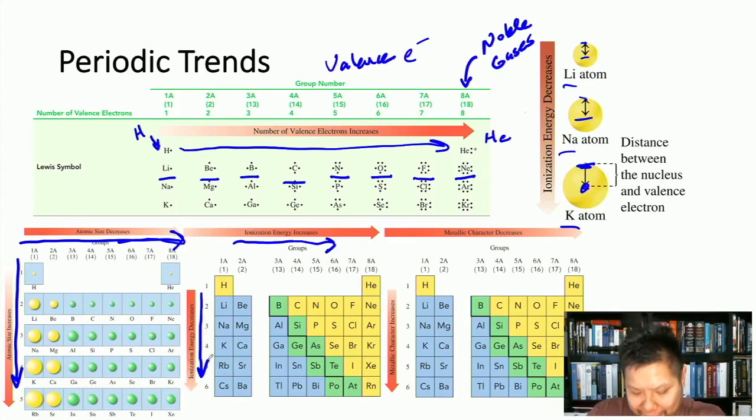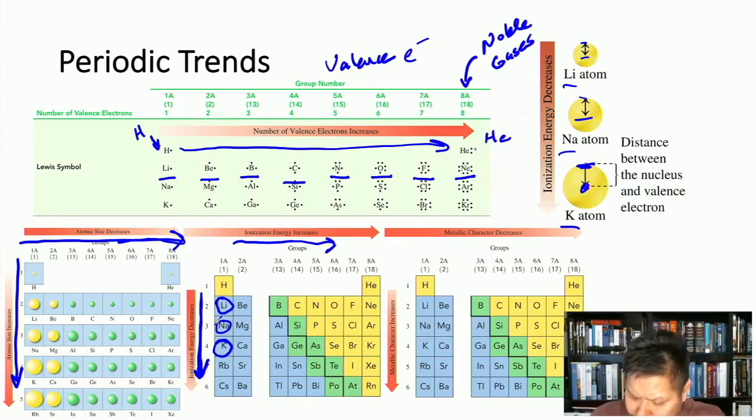As you go further down the periodic table, the ionization energy decreases because you don't need as much energy to rip off an electron from, for example, potassium as you would from lithium or sodium, which makes them more reactive as you go down.